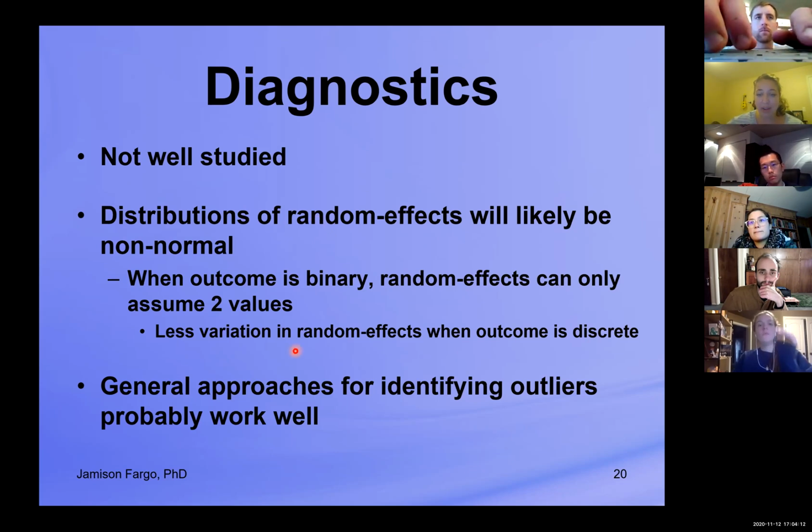And that's just the way it is. We just have to deal with it. So you can look for outliers the same way, but generally we just don't do diagnostics for GLMMs because they're not well understood. Just like, how often do you do residual diagnostics on regular linear regression? We never do.